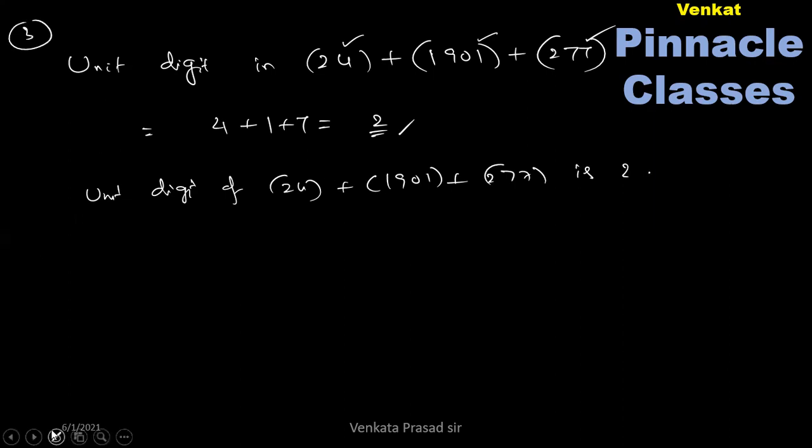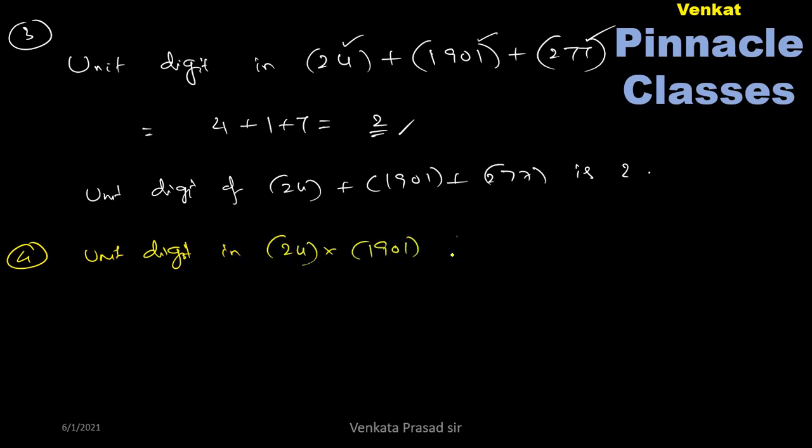The same question I can ask like this. See, find the unit digit in multiplication. The same question I'm taking, 1901 into 277 is dash. How much? In this case, the previous one was talking about addition, the second one is talking about multiplication. So how to solve this one?